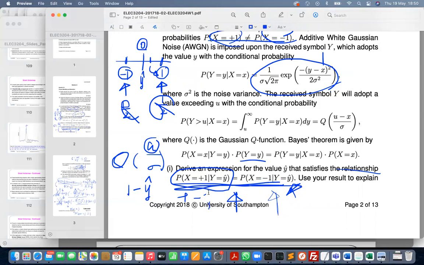So you have two Q functions, each divided by sigma. We need to add them together and take the average. So basically the decision boundary has changed. For the Q function, you always need to use the distance between the constellation point and the decision boundary.